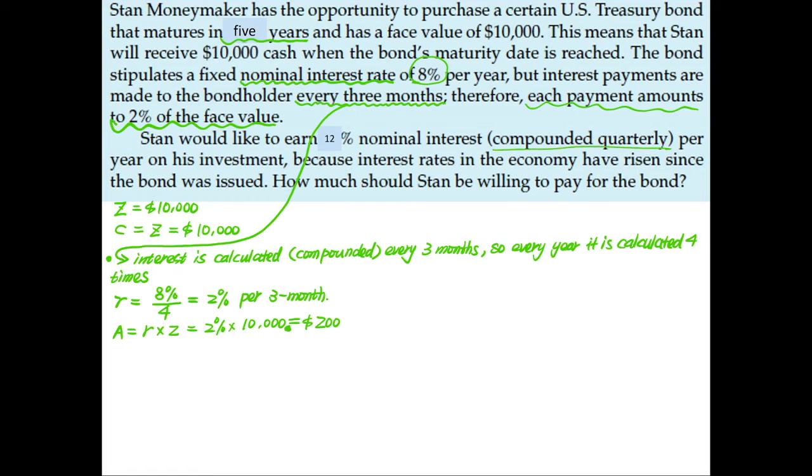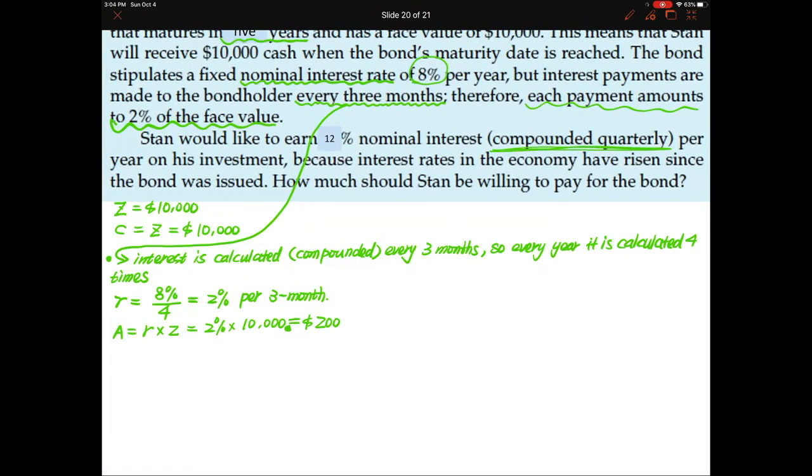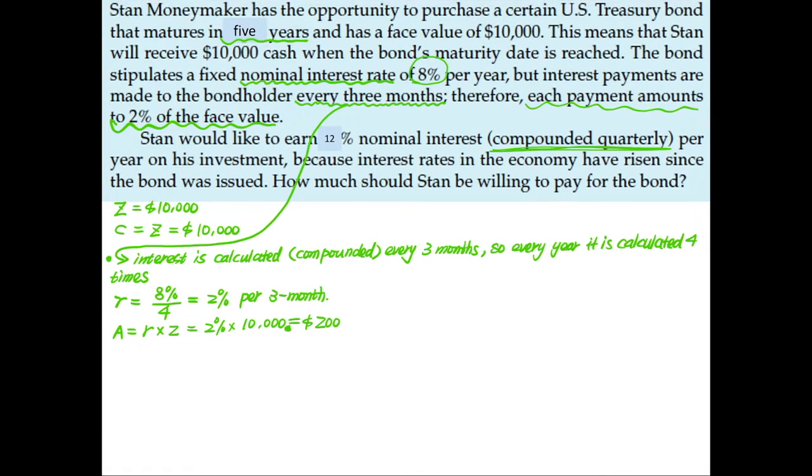Stan would like to earn 12% nominal interest per year on his investment, also compounded quarterly. So the 12% personal MARR is a nominal rate. You want to convert that to MARR per 3 months as well. So your yield interest rate will actually be 12% over 4.